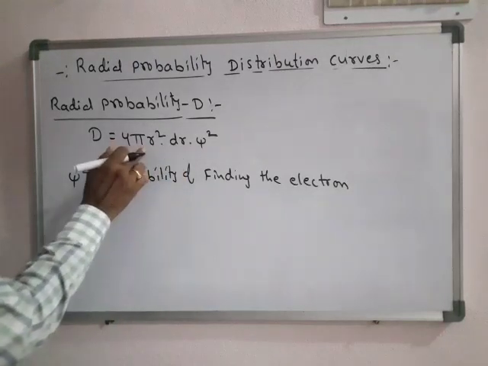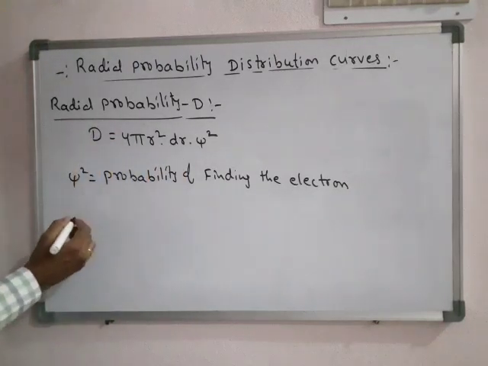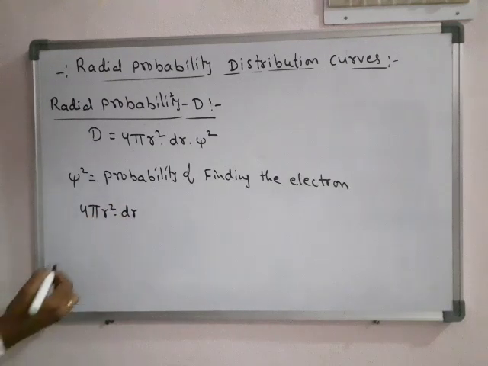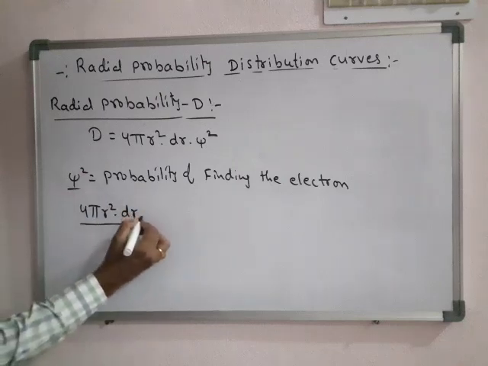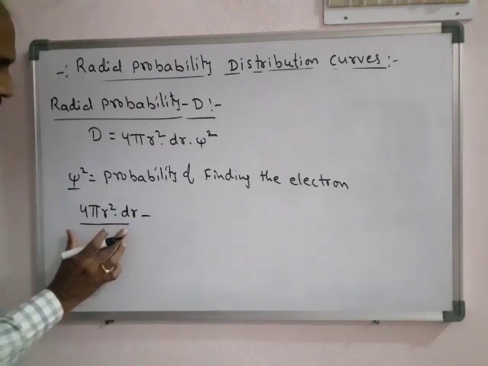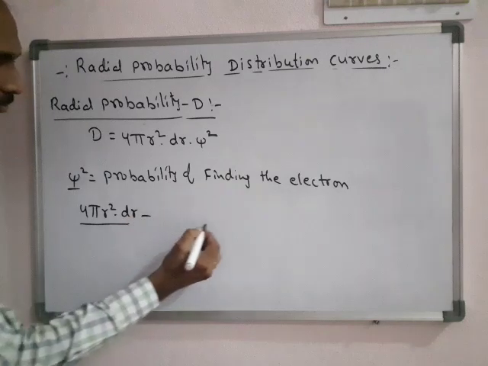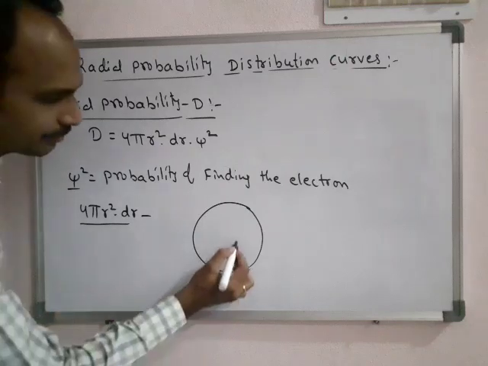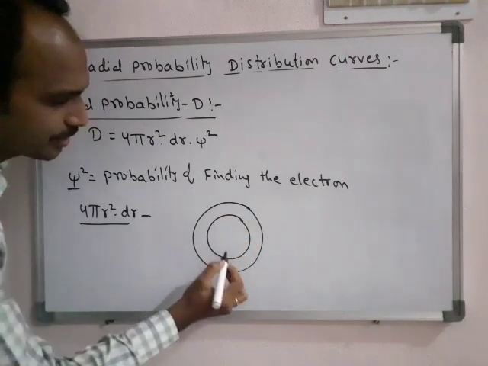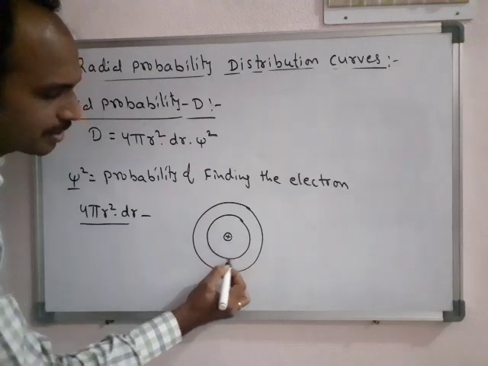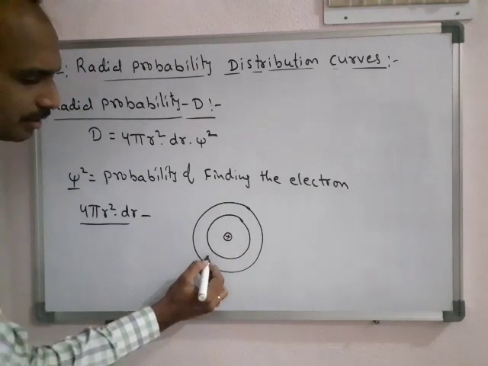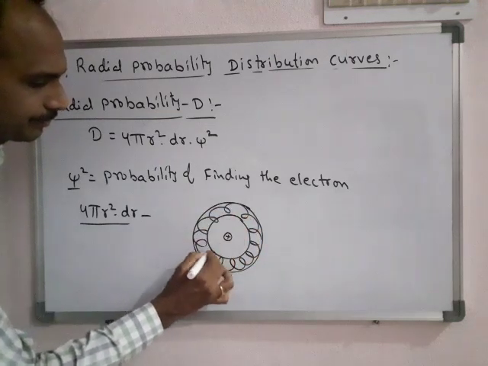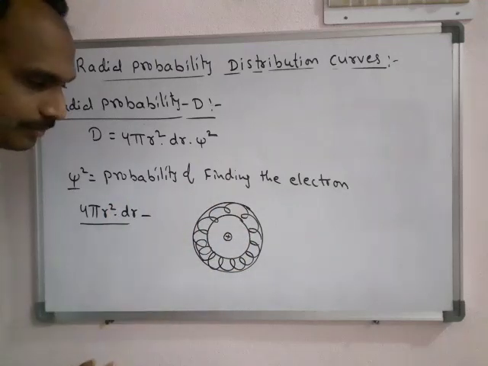Next, what about 4 pi r square dr? This combined value indicates the area. For example, if we take a circle, this is from the nucleus, and the electron moves in this path, a circular orbit.